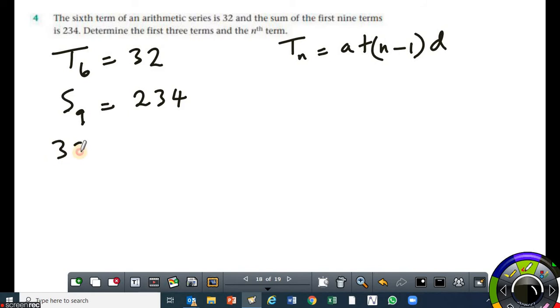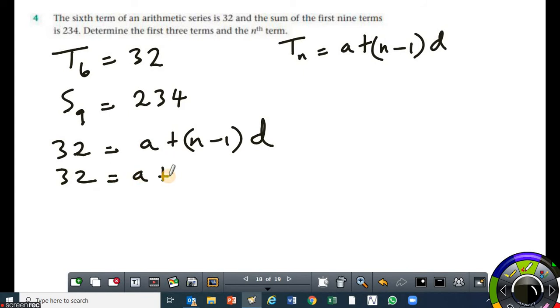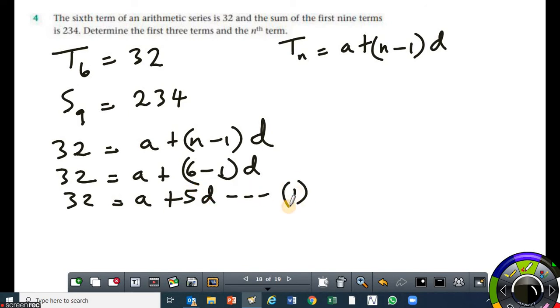So this becomes 32 is equal to a plus n minus 1 times d. But what is n? n is equal to 6. So this becomes 32 equal to a plus 6 minus 1 times d. This will give you 32 equal to a plus 5d. So this will be equation 1.